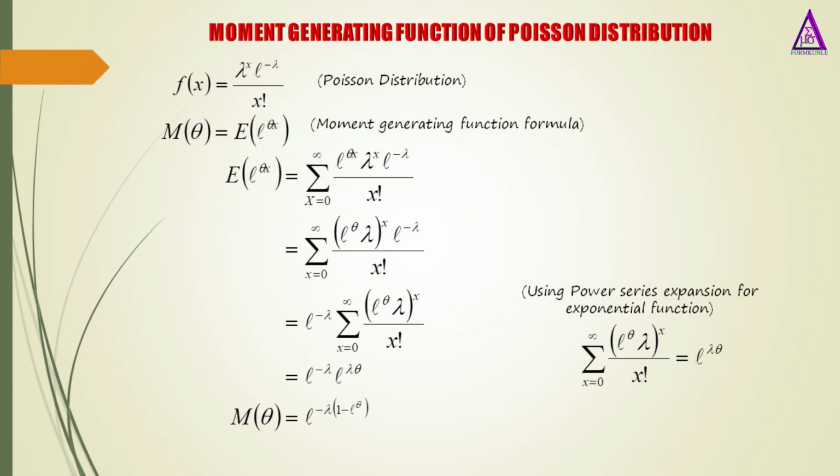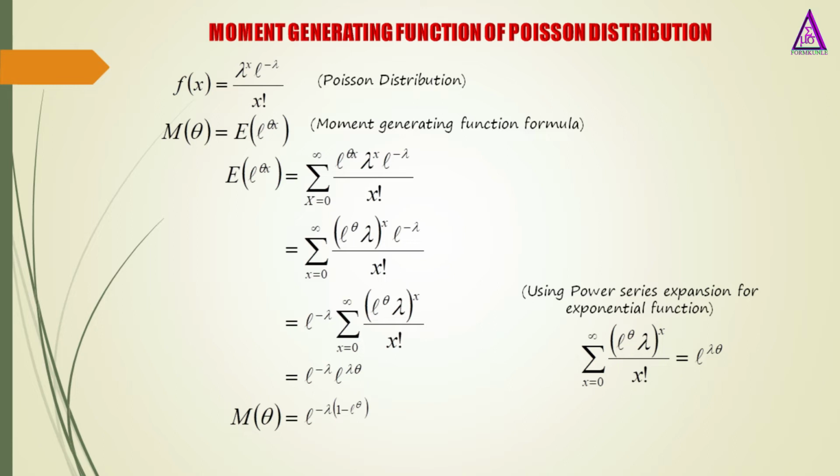The next distribution is the Poisson distribution, and the PMF of Poisson is f of x equals lambda raised to power x, exponential minus lambda, divided by x factorial. And this is the moment generating function formula. So by putting our PMF of Poisson into the equation, we have summation x ranging from 0 to infinity, exponential theta x, lambda raised to power x, exponential raised to power negative lambda, divided by x factorial.